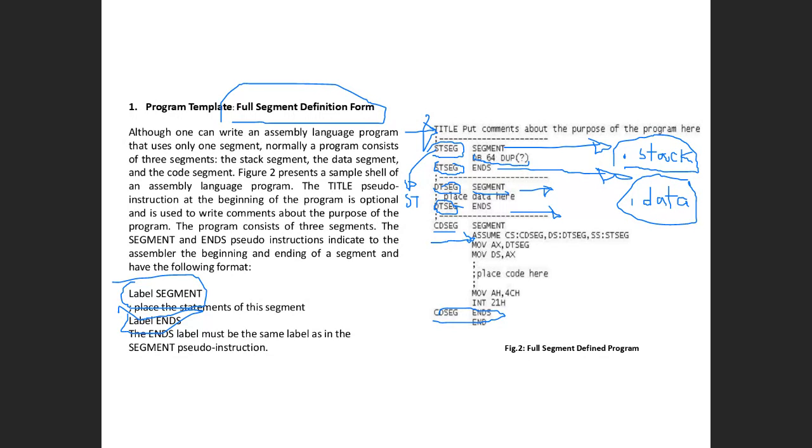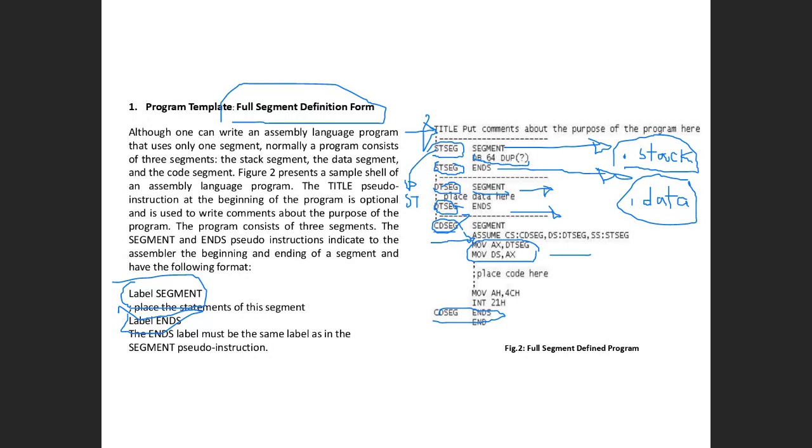In the first line of the code segment, we have to declare the names we used for the stack, code, and data segments. We write ASSUME CS:CD_SEG, the name of the code segment, then comma DS:DT_SEG, the name of the data segment, and then SS: the name of the stack segment. The next two lines are for initializing the data segment.